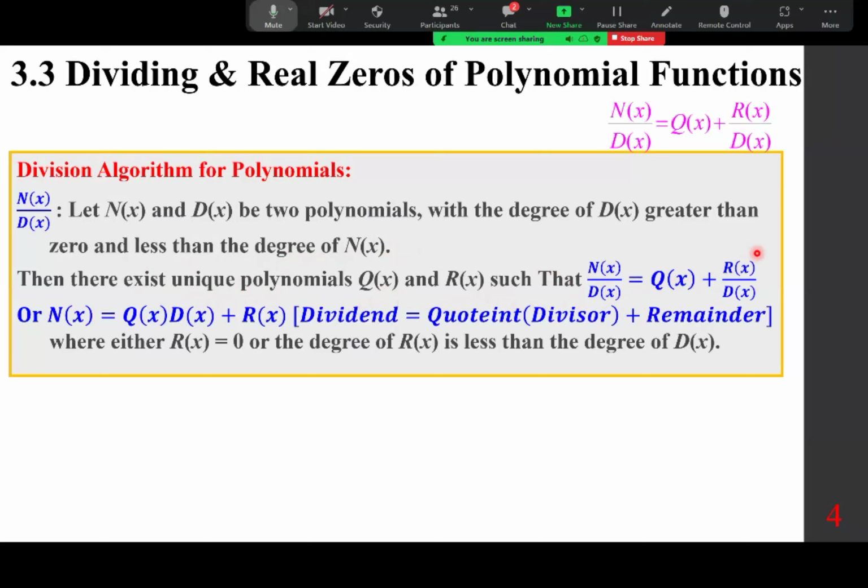Or you can do the cross product. N of x is q of x times d of x plus r of x. Dividend is the product of quotient and divisor plus the remainder. Just as you would with numbers, where either r of x is 0 or the degree of r of x is less than the degree of the divisor d of x.